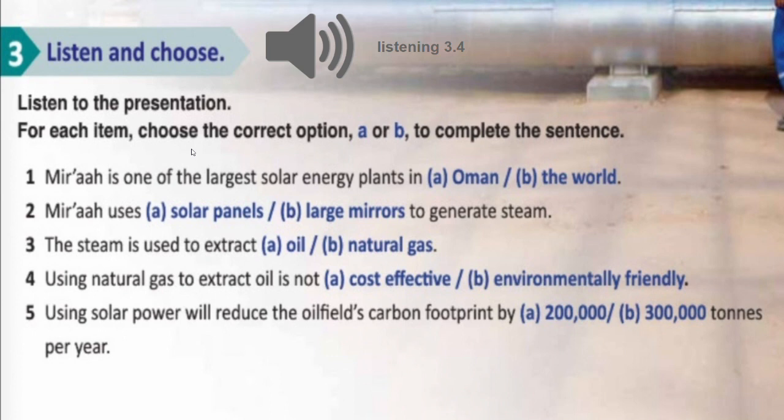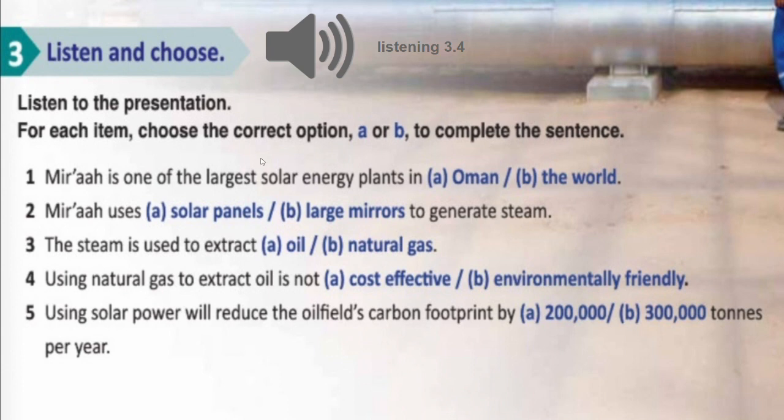Another advantage is that the gas we save on the oil field can be used to provide electricity to more than 200,000 people in Oman. Furthermore, using steam means that we will reduce our carbon footprint by 300,000 tons a year.